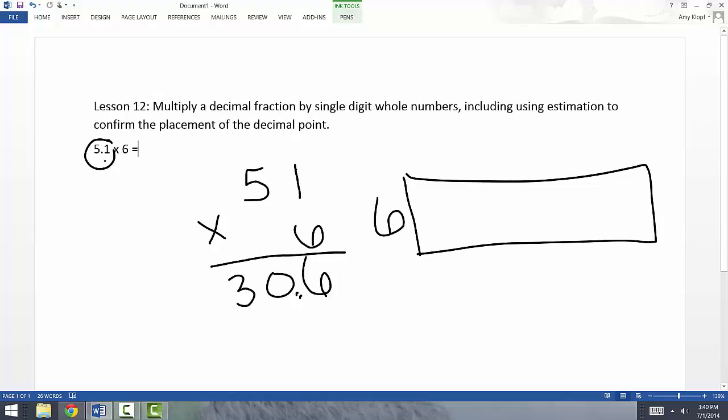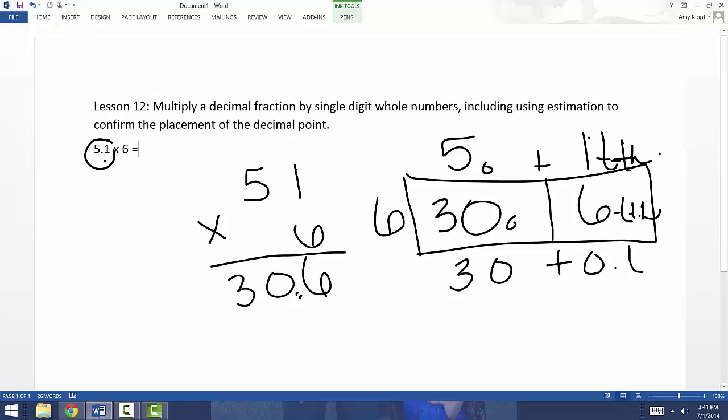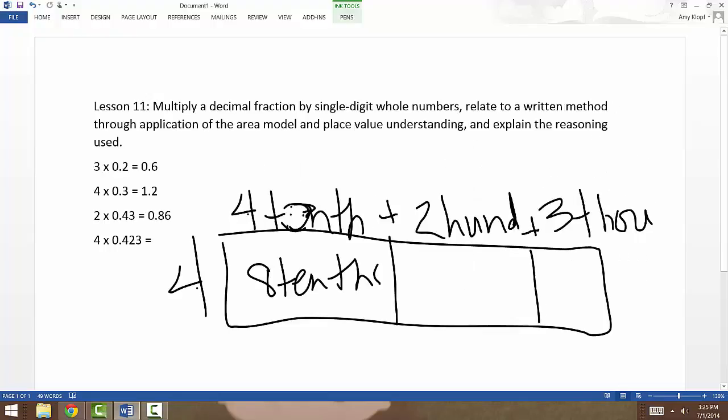To check this out, again we make an area model. We're multiplying by 6, and we have 5 ones and 1 tenth. We are going to break it up into place values. 6 times 5 is 30. 6 times 1 tenth is 6 tenths. In another problem, 4 times 2 tenths is 8 tenths. 4 times 4 means 16 tenths.